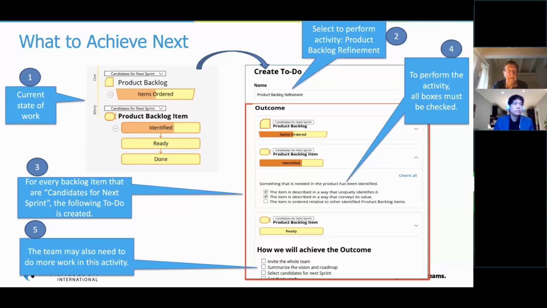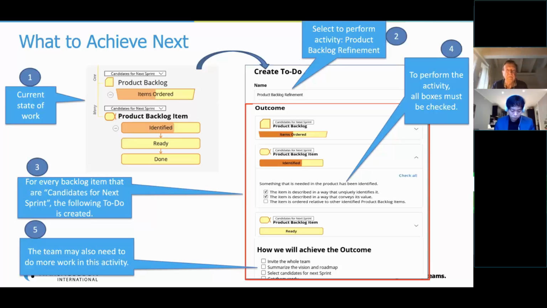That is an alpha. Every product backlog item is an alpha, meaning something you can measure. It has how far you have come with dealing with the product backlog. We have identified, say, two thirds of them, but we have not identified all of them. And they have states, the product backlog item. Now we want to do an activity, refine the product backlog item. That is box 2 here, select to perform activity on product backlog item.